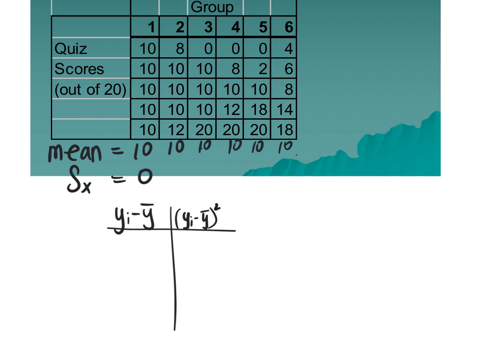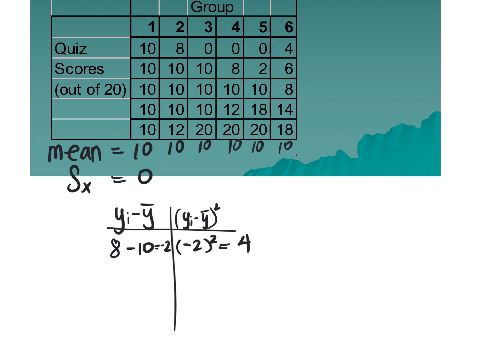So my first one, we already know group 1 is 0. But group 2, the y_i is 8 minus 10. So that's negative 2. Negative 2 squared is positive 4.